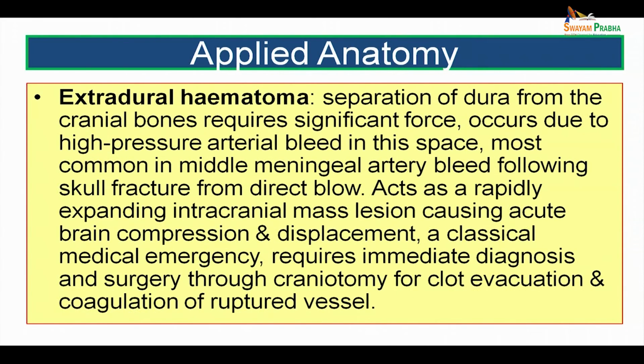Now we go on to see the applied anatomy of these topics. Extradural hematoma. The separation of dura from the cranial bones requires significant force. It occurs due to high pressure arterial bleed in this space, most commonly from the middle meningeal artery, which follows skull fractures due to a direct blow to the skull bone. It acts as a rapidly expanding intracranial mass lesion causing acute brain compression and displacement.